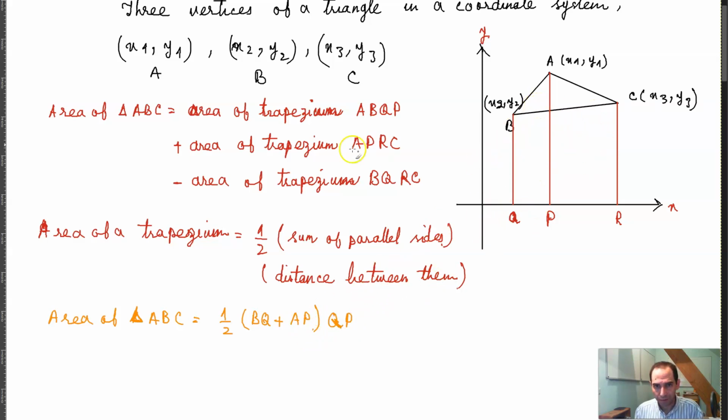And the area of this trapezium APRC is basically 1/2 times the side length, which is AP plus CR, times the distance between them, which is PR.